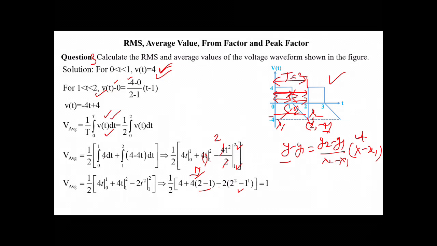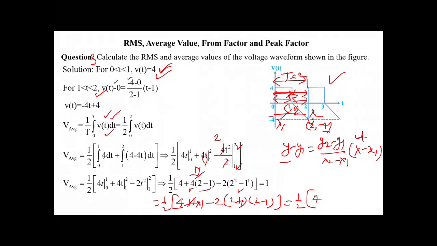Okay, so now if we solve it, we will get 1 upon 2, 4 plus this is 4 and this is 2 minus 1, so 1, 4 into 1, minus 2, and here it will be 2 plus 1 into 2 minus 1, equals 1 upon 2, 4 plus 4 minus 2 into 3, and it will become 1.